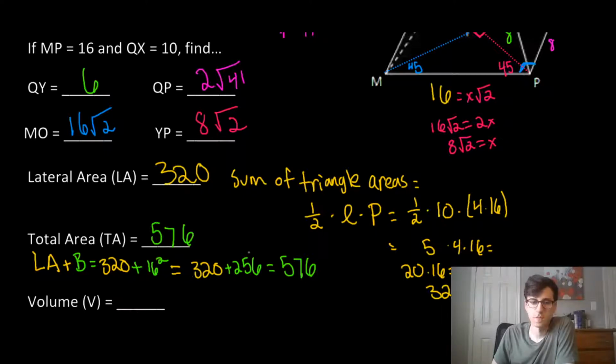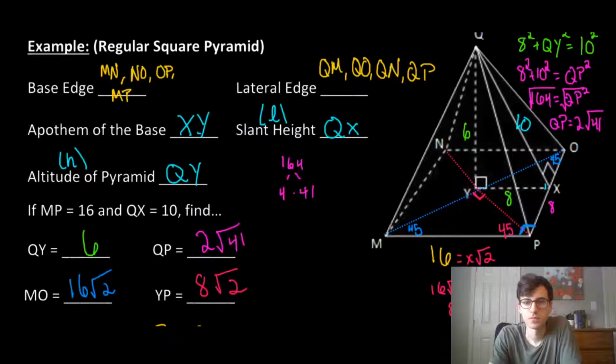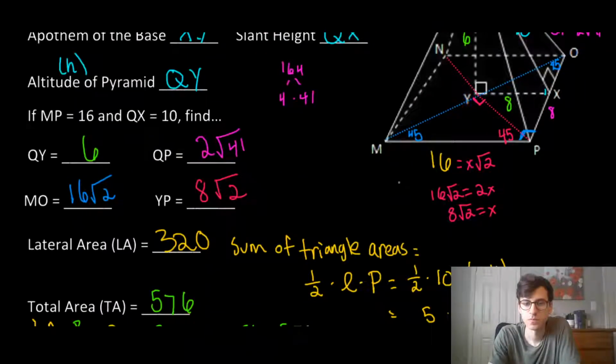Let's find the volume. Remember the volume is 1/3 times the area of the base times the height. We know that the area of the base, we just found it, was 16 squared, or 256. And the height was given to us, I believe. Or maybe we found it. We found the height, QY, to be 6.